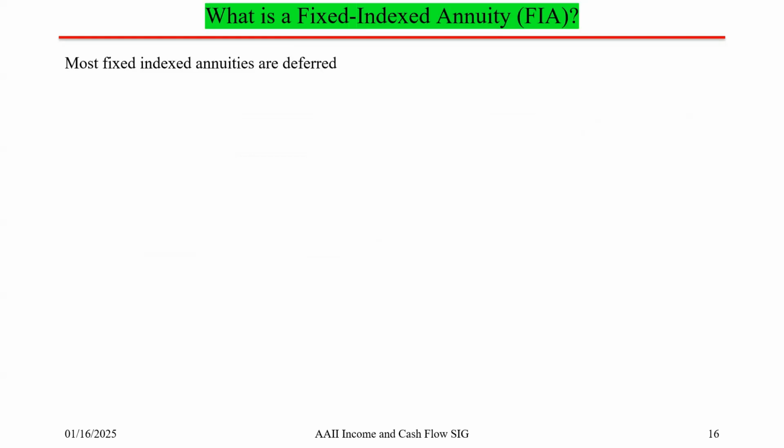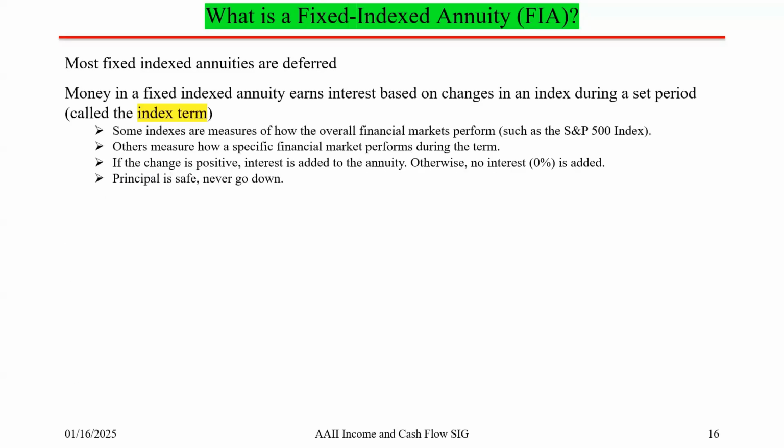Most of them are deferred, right? Because all the complexity comes in the deferred phase. They earn interest based on changes in an index during a set period called the index period. Some indexes are measured on how the overall financial market performs, like the S&P 500 index.